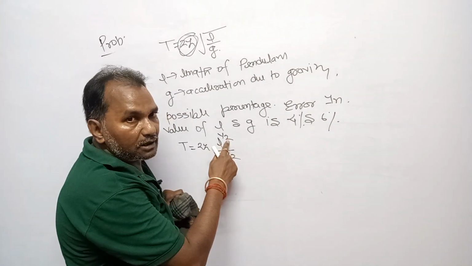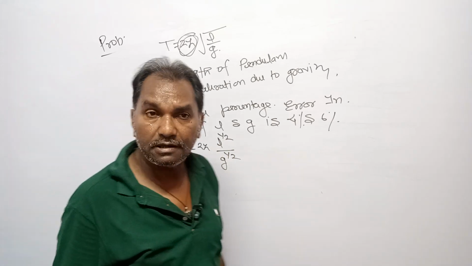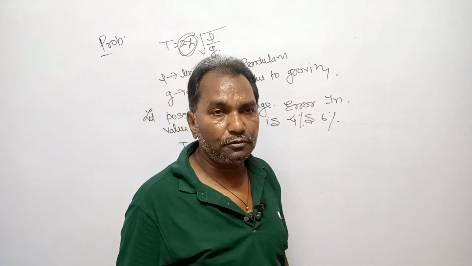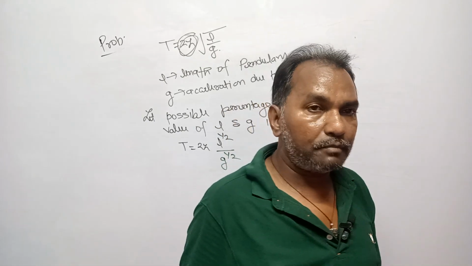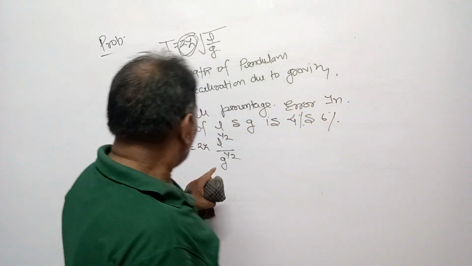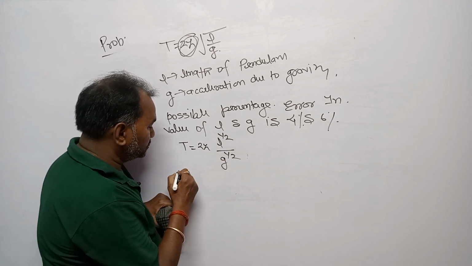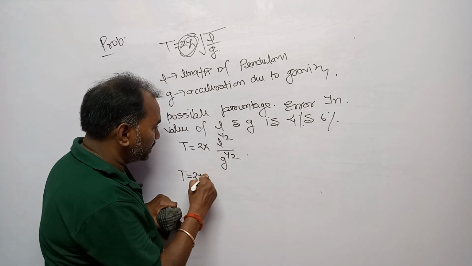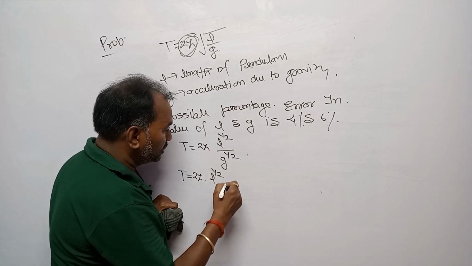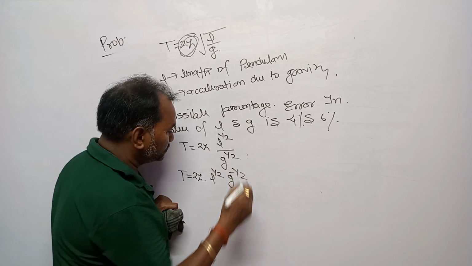The square root can be written as power 1 by 2, cube root as power 1 by 3. Now bring it to the numerator also, you will get T is equal to 2 pi L to the power 1 by 2 g to the power minus 1 by 2.